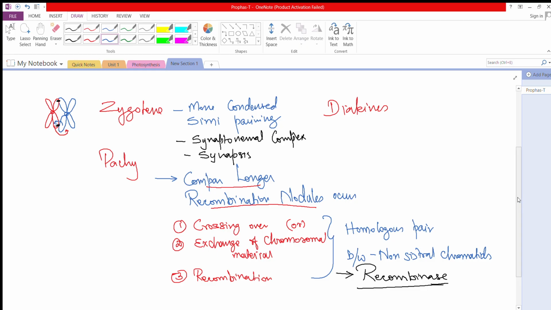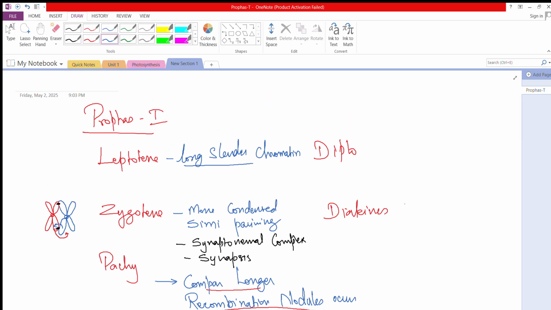Now, at the end of this, the cell will go to the next stage called diplotene. At diplotene, first of all, you should remember the synaptonemal complex which is formed at zygotene, right? So here it will undergo dissolution. That means nothing but disappearance.